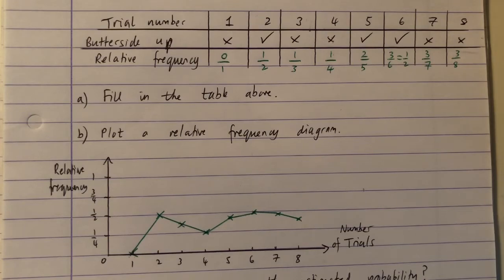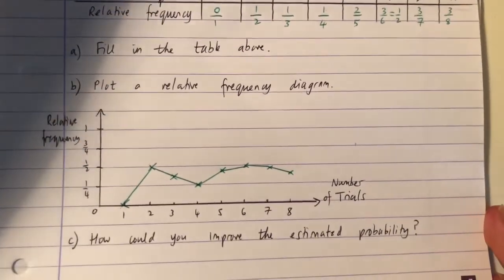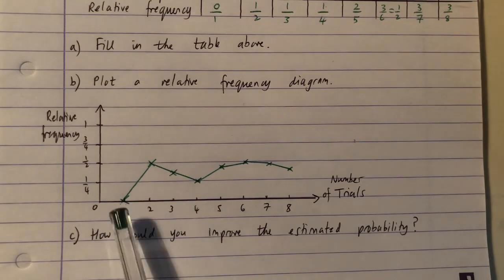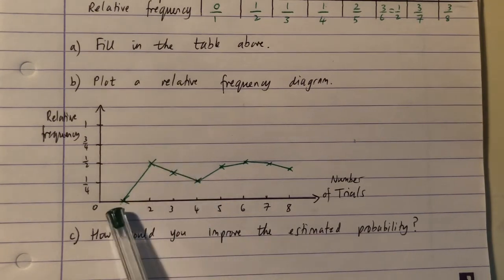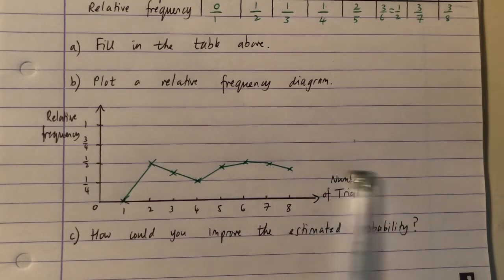Now, part C is just a 1 marker in an exam, very simple question, which would be, how could you improve the estimation of the probability? And if you visualize this continuing, me doing more trials, now the amount that the probability goes up and down by, how much it varies, will decrease, and the changes will be more subtle as you would go onto more trials.